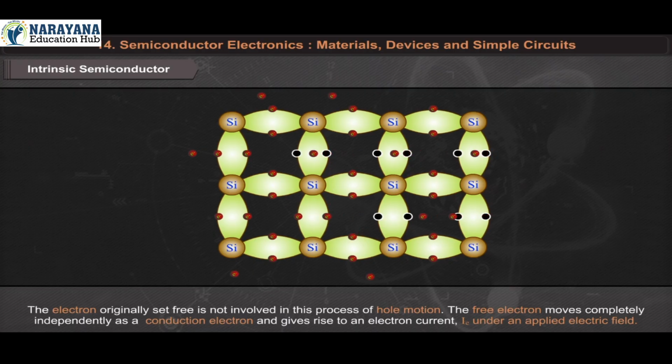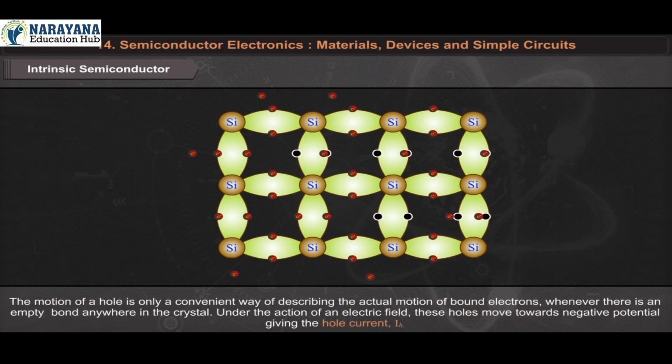The electron originally set free is not involved in this process of hole motion. The free electron moves completely independently as a conduction electron and gives rise to an electron current under an applied electric field. The motion of a hole is only a convenient way of describing the actual motion of bound electrons whenever there is an empty bond anywhere in the crystal.